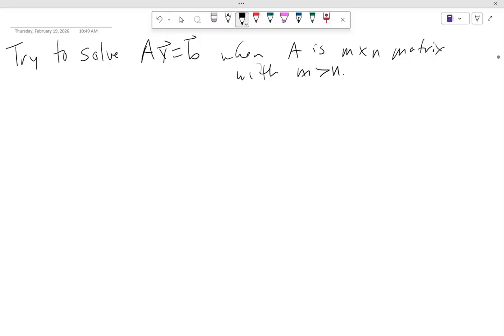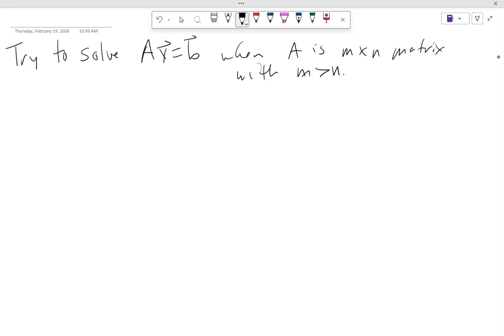Solving a system of linear equations written in matrix form. So I'm just writing it a little bit more succinctly, right? This is just another way to write a system of linear equations. And it's overdetermined. Remember, overdetermined means that we have more equations than variables we're solving for, right?